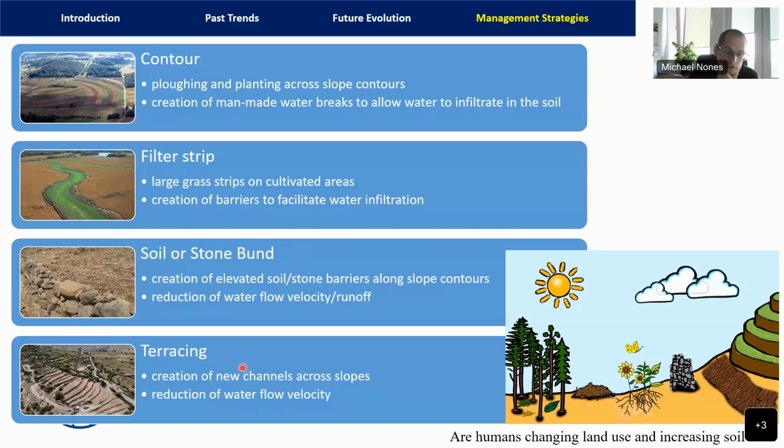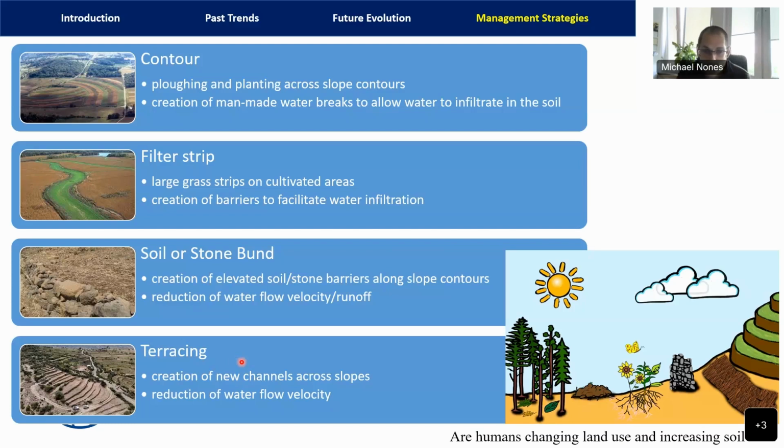And there's also the opportunity to create terraces, basically these new channels which are created across the slopes. In this case, they act like a stone bund, so the water flow velocity is reduced, and the overall erosion is reduced.